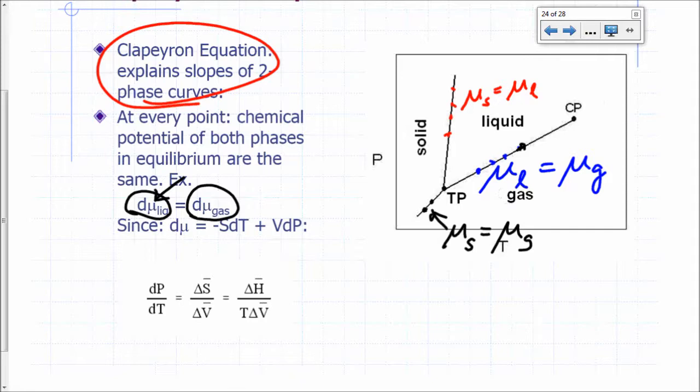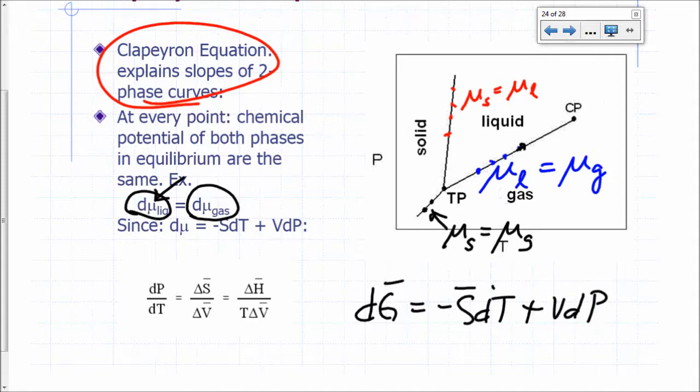If you recall, dG is equal to minus S dT plus V dP, and the chemical potential is just the molar Gibbs energy for a pure substance. So we can put a bar on top of your G, and dG bar would now be d mu.